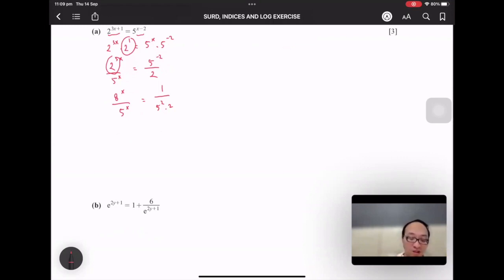So that means I can combine this again: (8 over 5)^x equals 1 over 50. So x is log 1 over 50 over log 8 over 5, which equals negative 8.32.